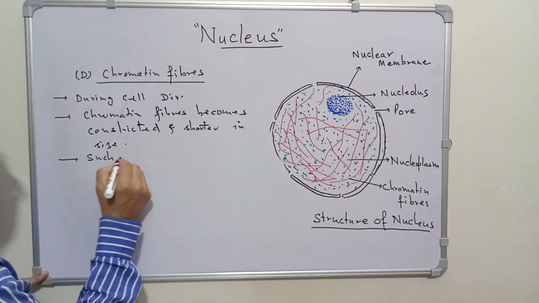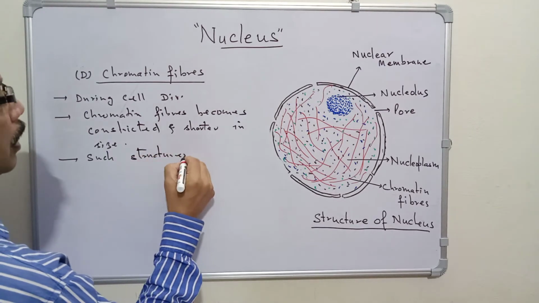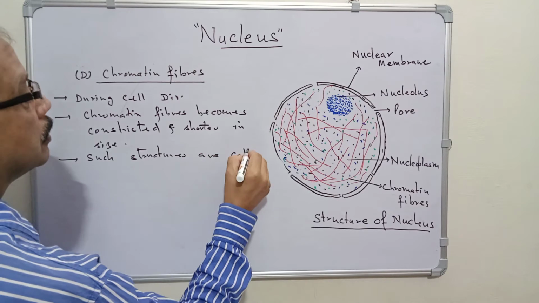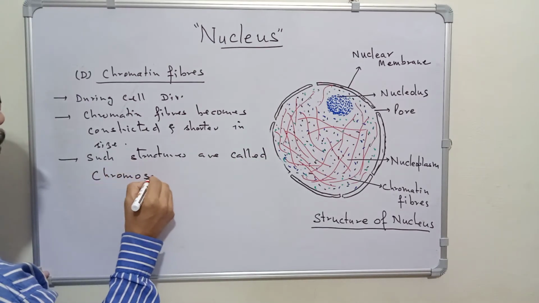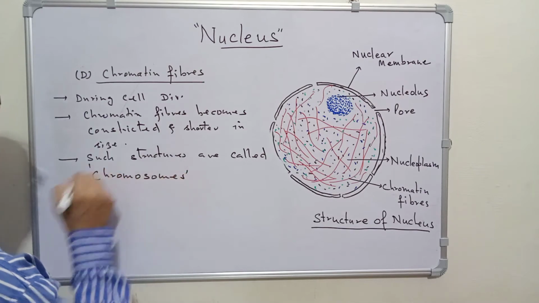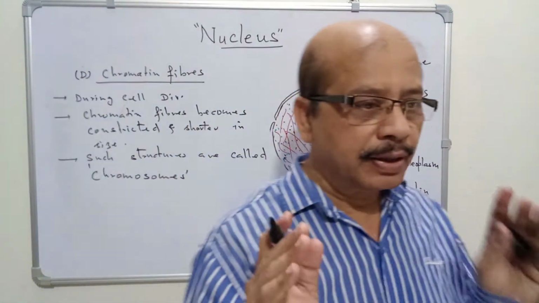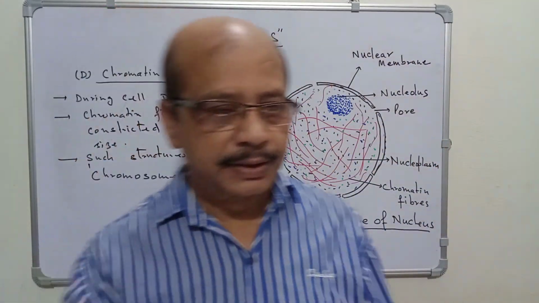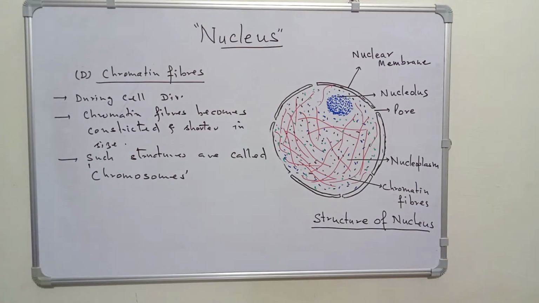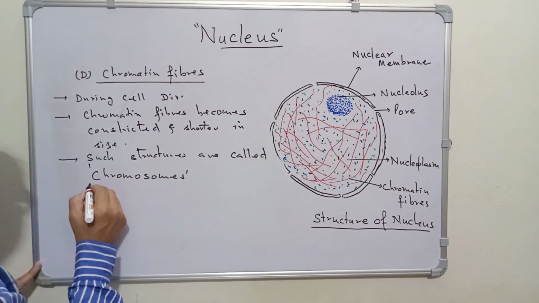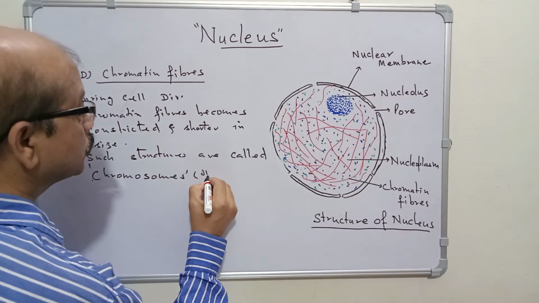Such structures are called chromosomes. These chromosomes are responsible for the transferring of various characters, because these chromosomes, in Hindi, are known as Gud Sutra.